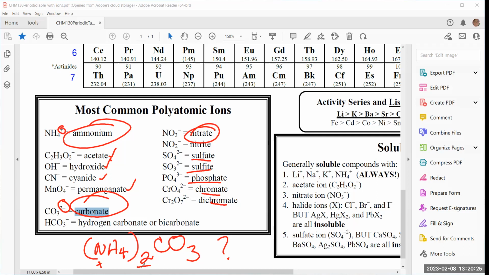And I have to put a 2 outside it to designate 2 of them. I don't write N2H8. No, I don't. I don't know what N2H8 is. It's 1 unit of the ammonium ion, and I need 2 of them, so I put a parentheses. All right. And the name, like I said, ammonium carbonate. So you already start your database.